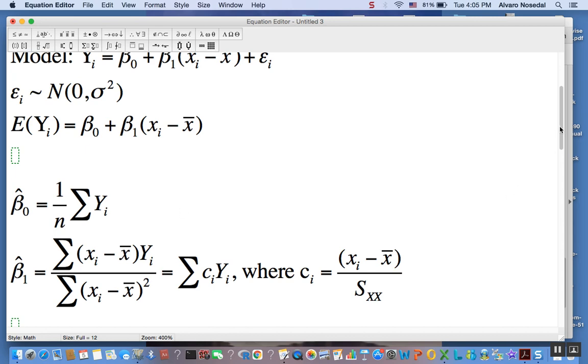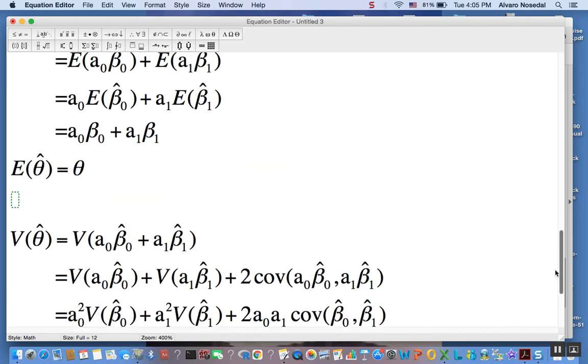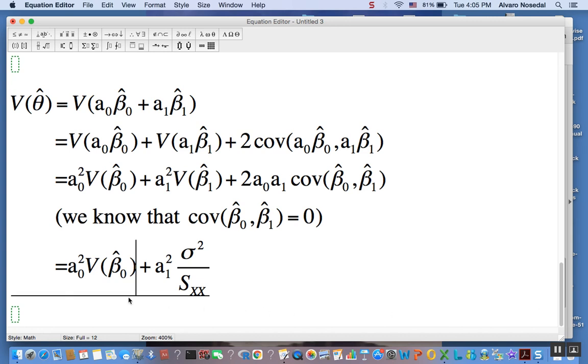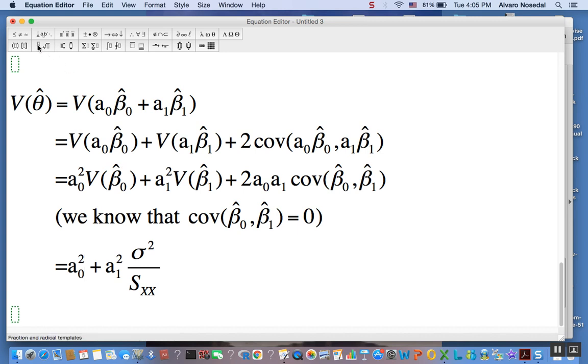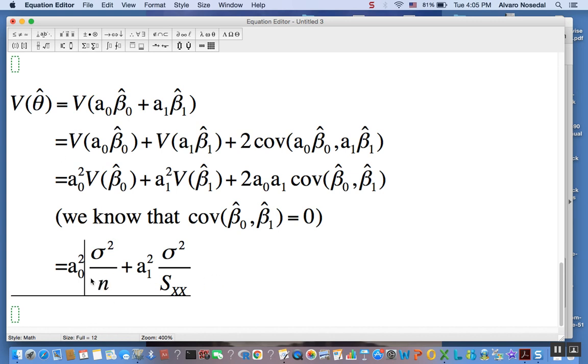Make sense? So that would be the variance of beta hat 0, sigma square divided by n.